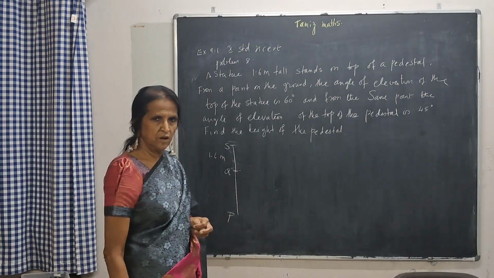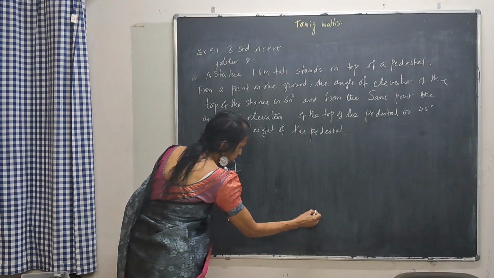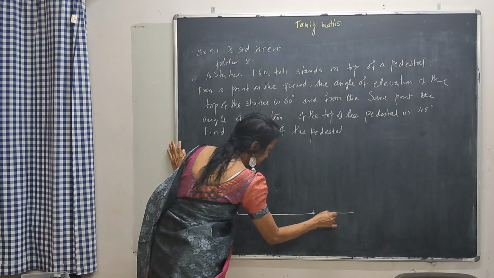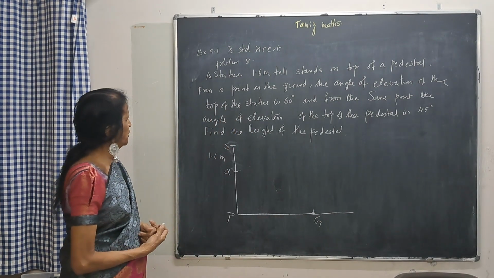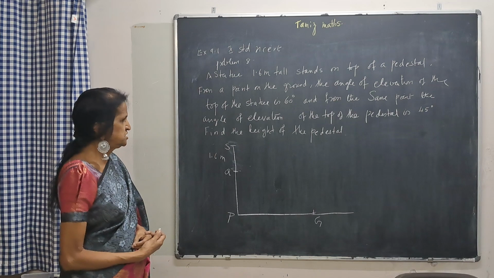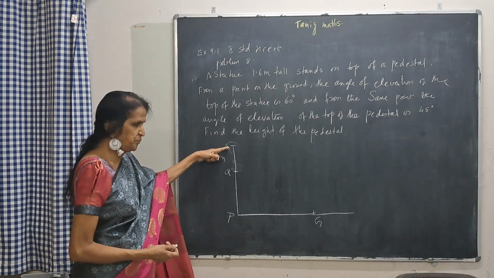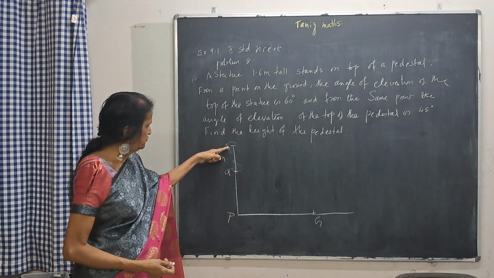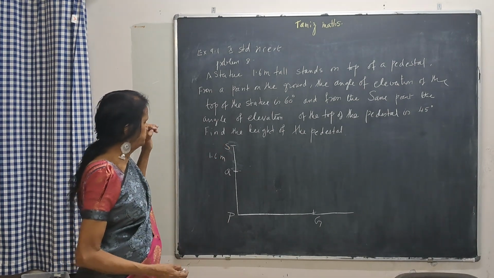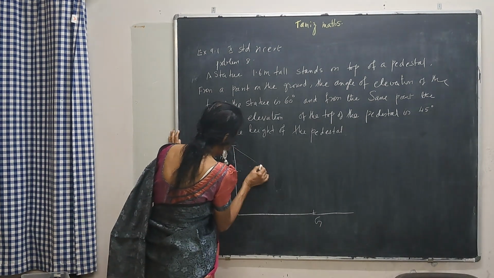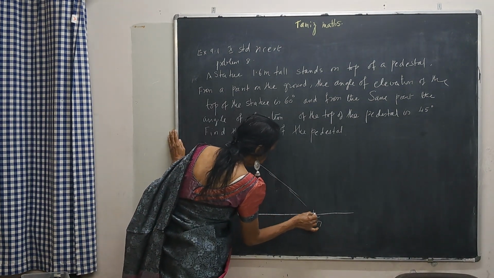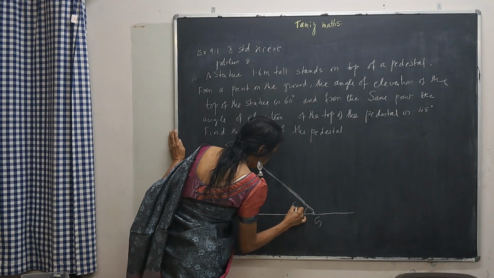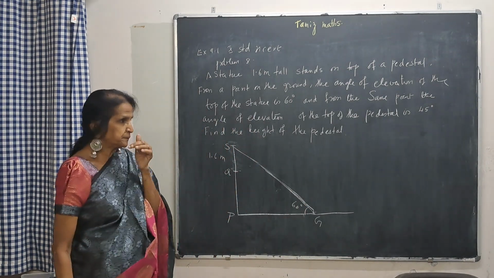From a point on the ground, G is a point on the ground. From a point on the ground, the angle of elevation of the top of the statue, this is the top of the statue. Elevation you look up, depression you look down. The angle of elevation of the top of the statue is 60 degrees.